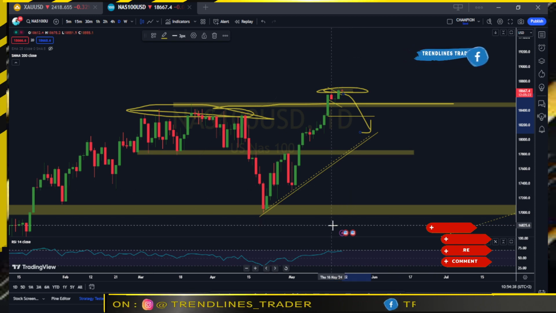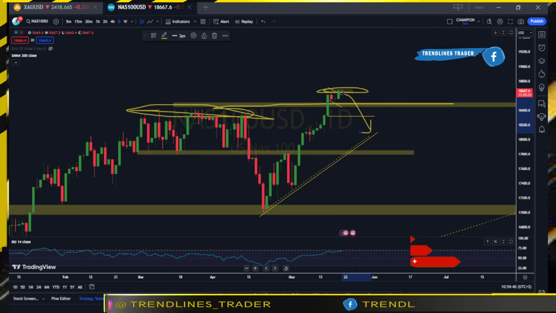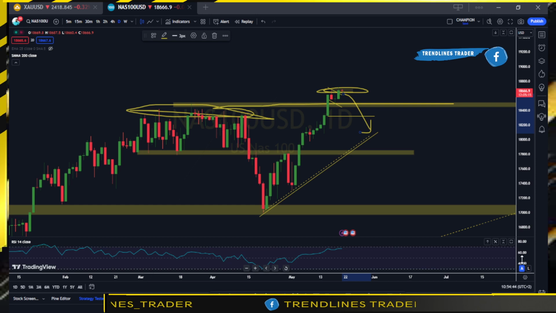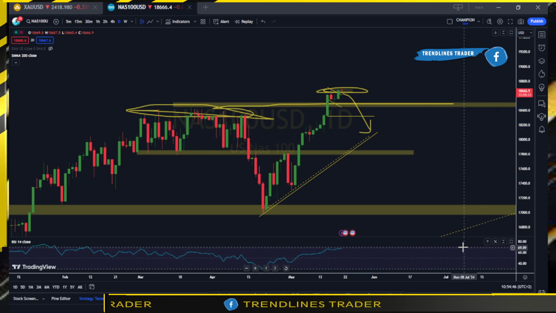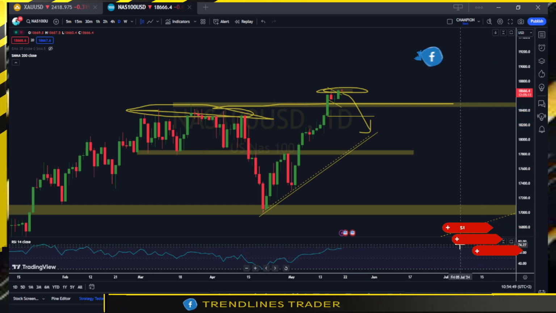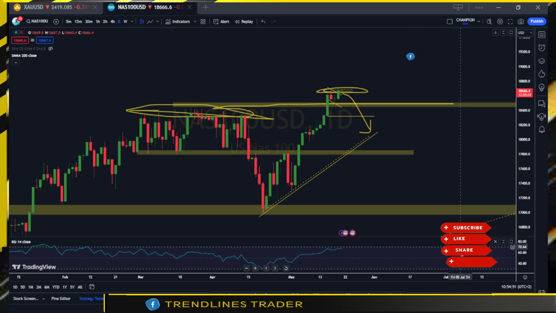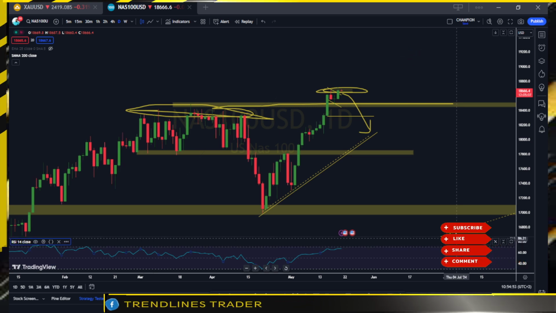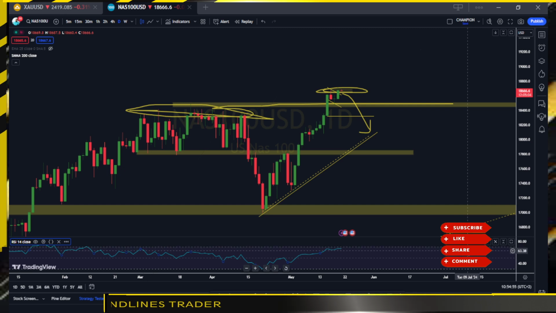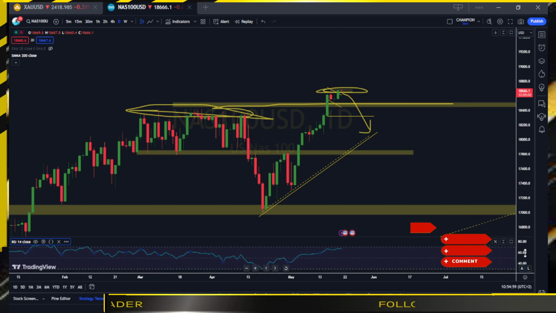Remember, I always use both strategies. My strategy on trading this index is using the structure. I'm focusing on the structure movement, on the fundamentals, and I'm also using the indicators.